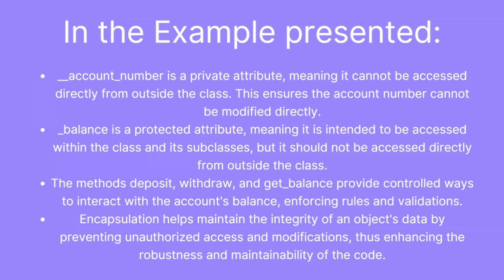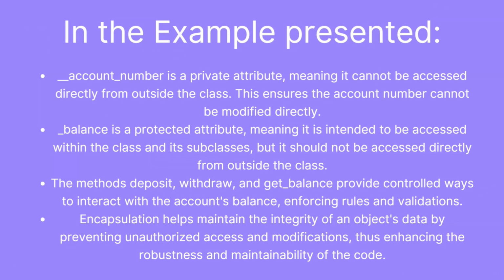Number two, the balance is a protected attribute, meaning it is intended to be accessed within the class and its subclasses, but it should not be accessed directly from outside the class. The methods deposit, withdraw, and get balance provide controlled ways to interact with the account's balance, enforcing rules and validations.